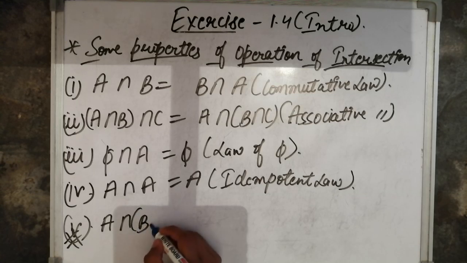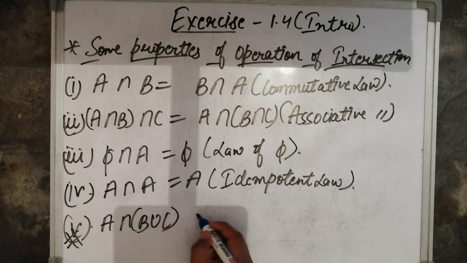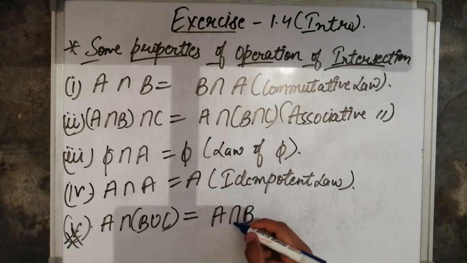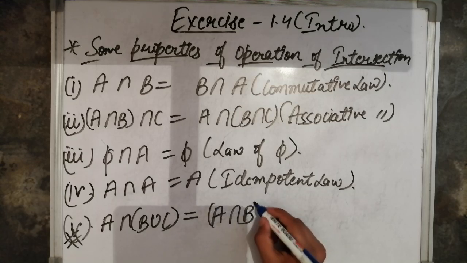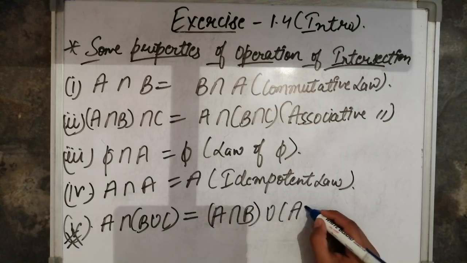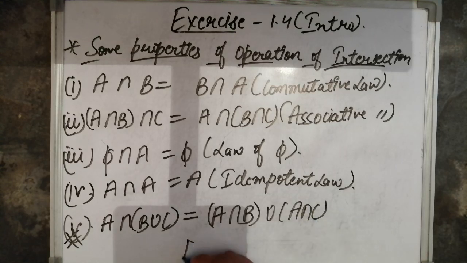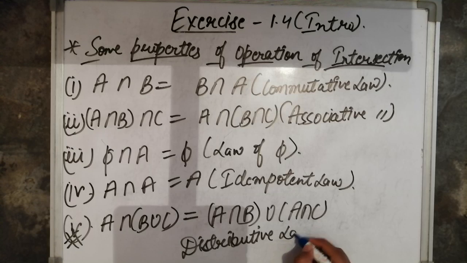A intersection B union C is equal to A intersection B union A intersection C. This is the distributive law. Students, pause the video, note it down.